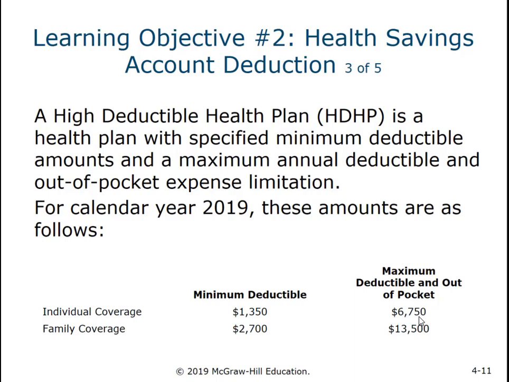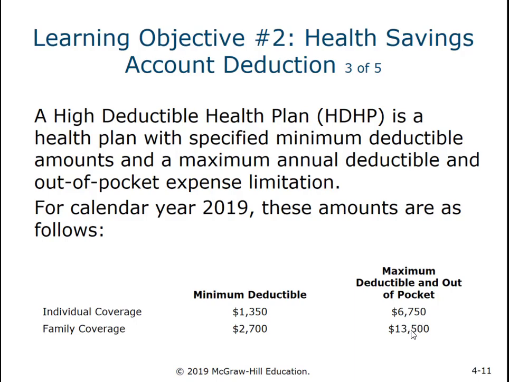So basically, it can't have too low of a deductible, and it can't have too high out-of-pocket costs after you reach that deductible. Otherwise, it won't qualify as a high deductible health plan, and therefore, without a high deductible health plan, you don't have the opportunity to make any contributions to an HSA and have them deductible.